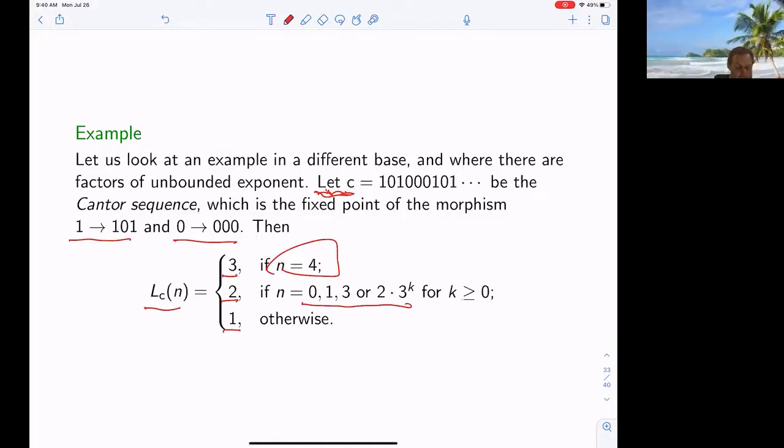So what seems to be happening in a lot of these examples for some reason is you get some value that occurs almost always, and then you get these sparse sets where you get these anomalies occurring. I don't know if Jeff or I have really understood why that seems to be the case.